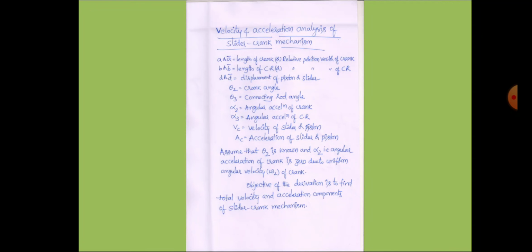Complex algebra method. Therefore, today I am going to derive one important derivation, that is how to find velocity and acceleration of a slider crank mechanism using complex algebra, where this approach has been given by Raven's approach.